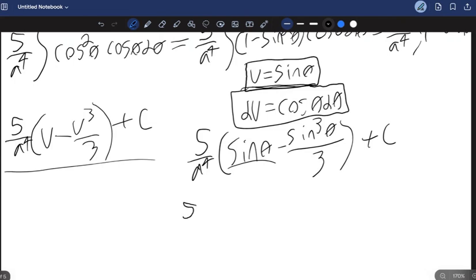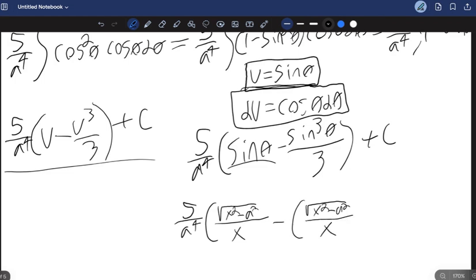So 5 over a to the 4 times the square root of x squared plus a squared over x, minus the square root of x squared plus a squared over x cubed, all cubed, and then times 1/3, plus c.